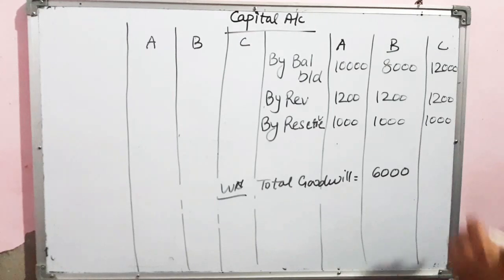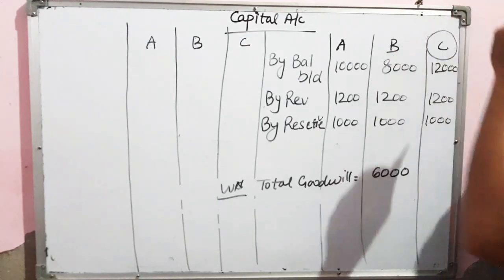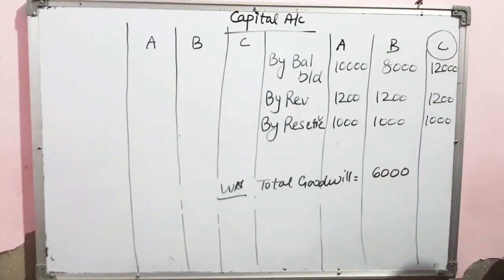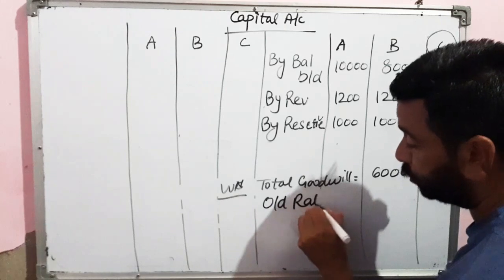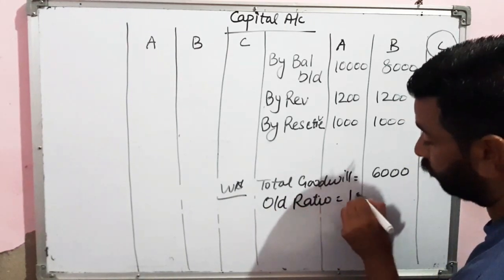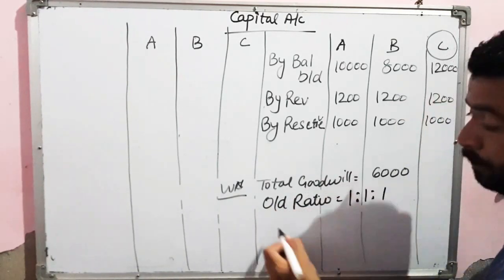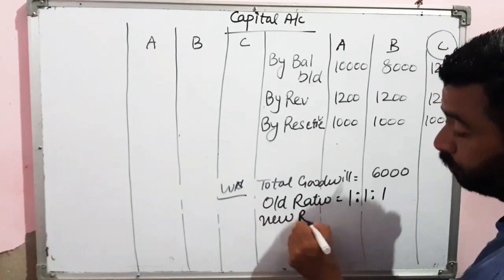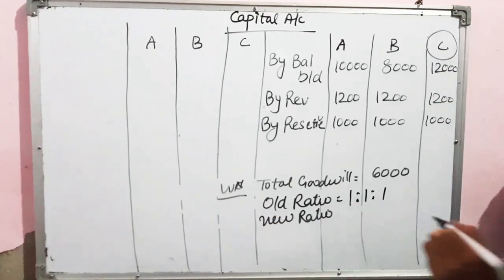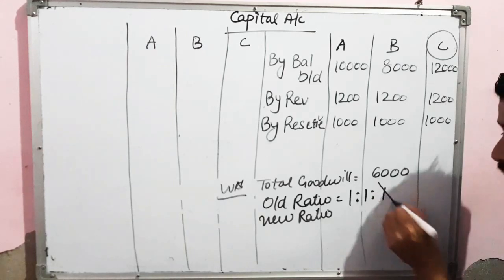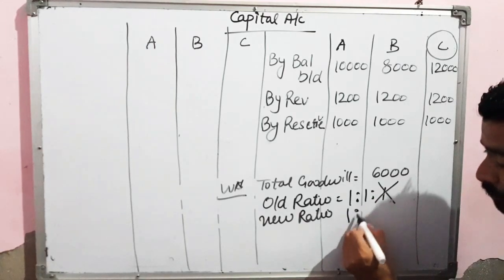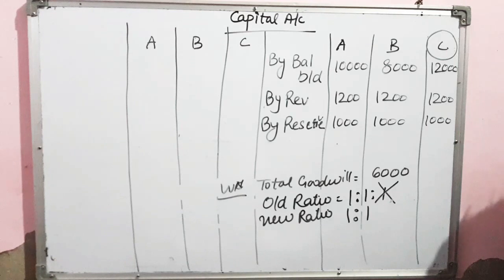In this question, C retires. C has been retired from the firm. The old ratio is equal, 1:1:1. The new ratio, if C retired, we will cross it. The new ratio is equal to 1:1.